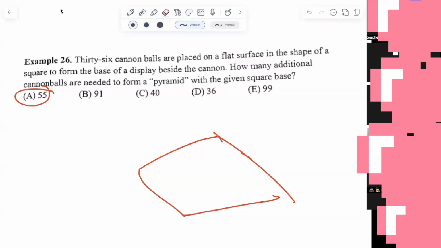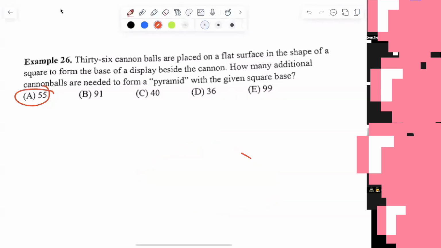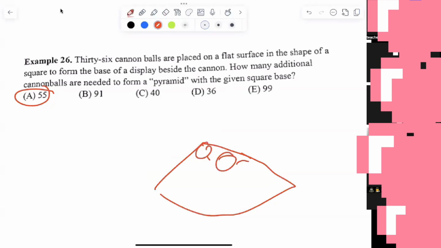It's a 6 by 6 sphere. 6 by 6. And then each layer is gonna have one less. Oh, you said A. Okay, okay. Oh, sorry. I thought you meant something else. So PL actually got it right.